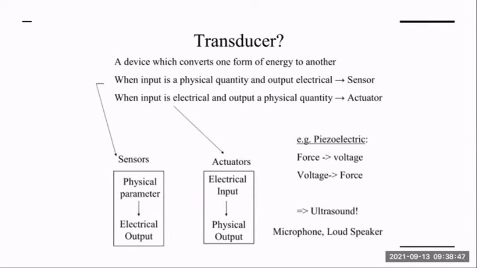Once it detects a temperature of 100 degrees Celsius, it will turn the heater off. So the input there is temperature, a physical quantity. The output is electrical, which turns off the switch. That's an example of a sensor. Okay, let's proceed.